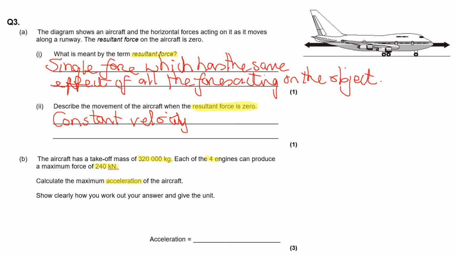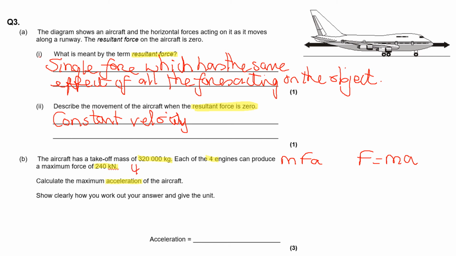So let's start off with this then. We need an equation which has got mass in, force in and acceleration. So we're going to be using F equals ma. We know then that the force of 4 engines is 240 kilonewtons. We've got a bit of work to do here.